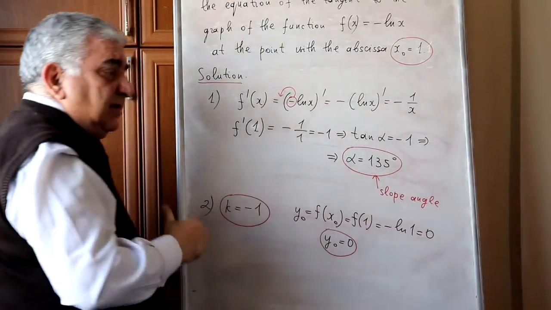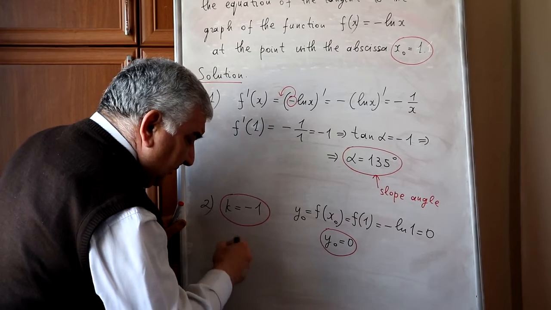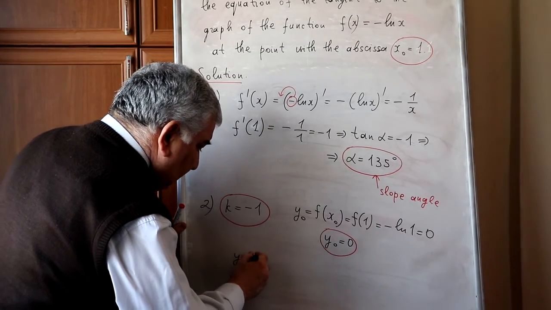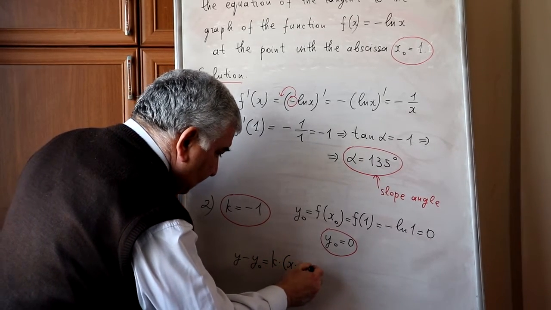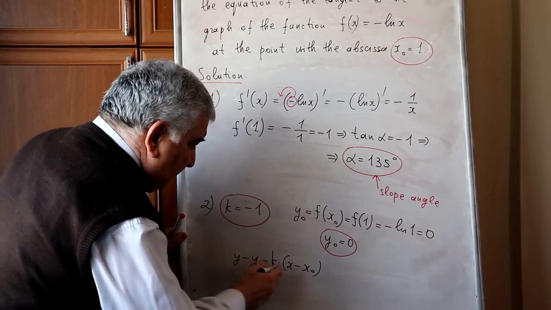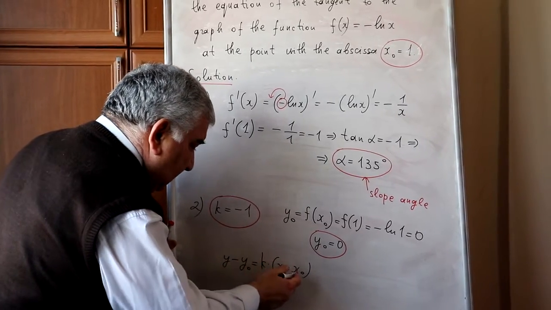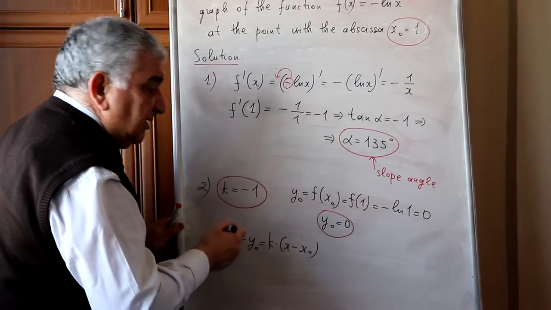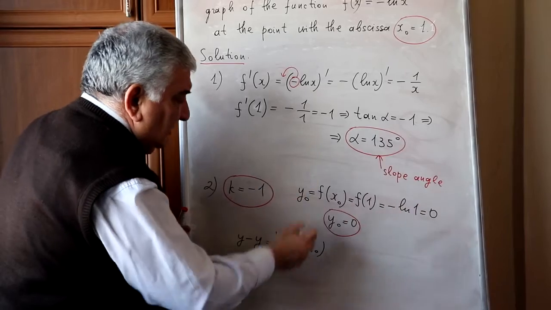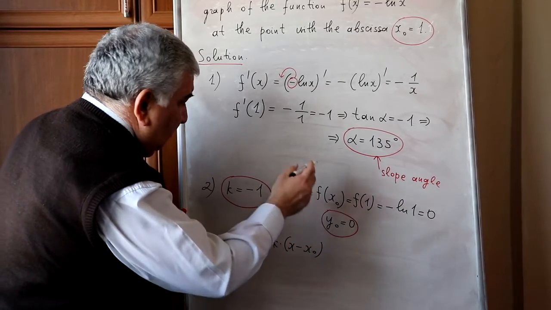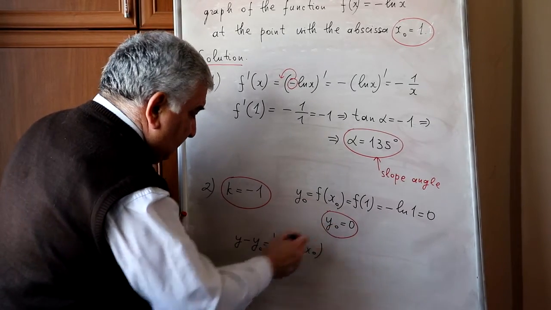Then recall the equation of the tangent: y minus y sub 0 equals k multiplied by x minus x sub 0. Here x and y are the variables, but x sub 0, y sub 0, and k are constant values. Here we must substitute 1 instead of x sub 0, minus 1 instead of k, and 0 instead of y sub 0.